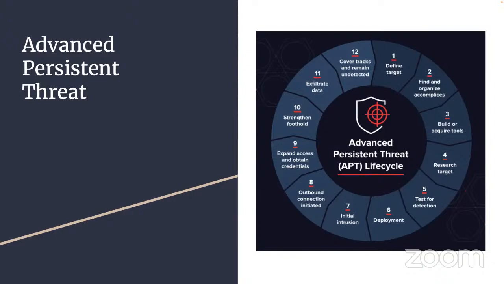APTs are quite dangerous. They're meant to not be detected. They use a lot of the common ports, like HTTPS, which nobody blocks because it's HTTPS. Or FTP or DNS.